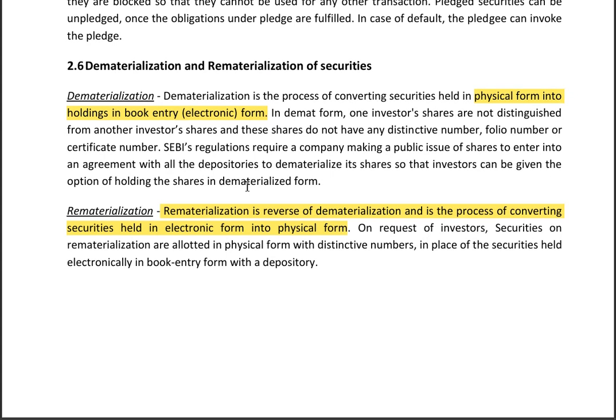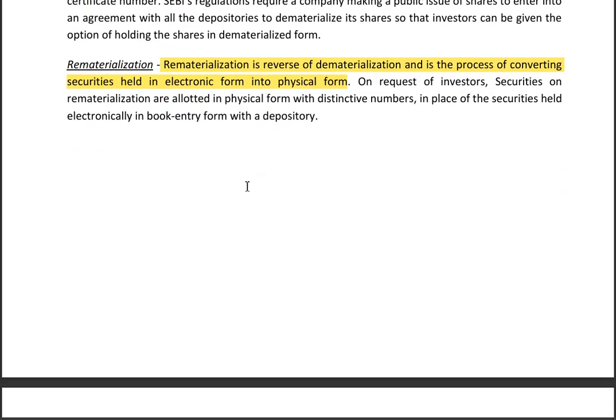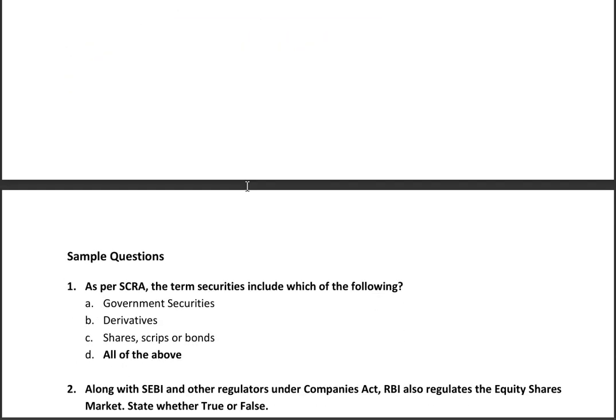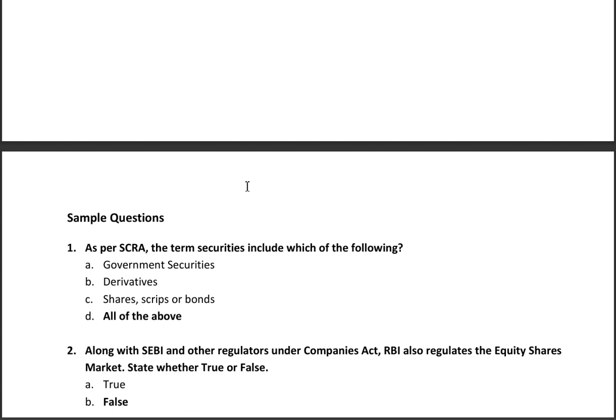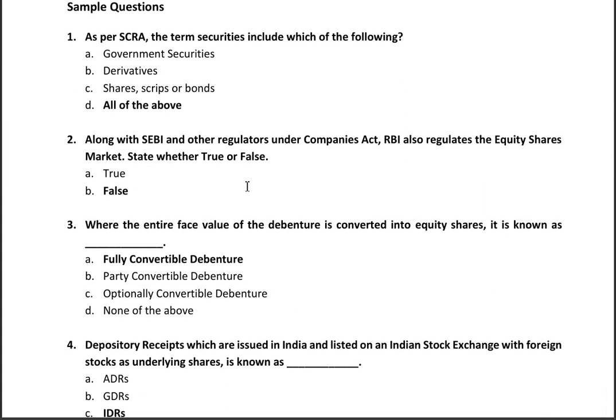Dematerialization is the process of converting securities from physical into electronic form. Rematerialization is the reverse of dematerialization, from electronic form to physical form, like pen and paper form. According to SCRA, securities involve the following. All the above you can see. Along with SEBI, other regulators under the Companies Act and RBI also regulate the equity share market.